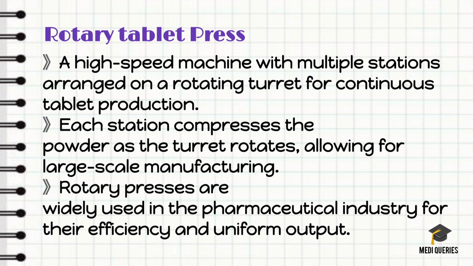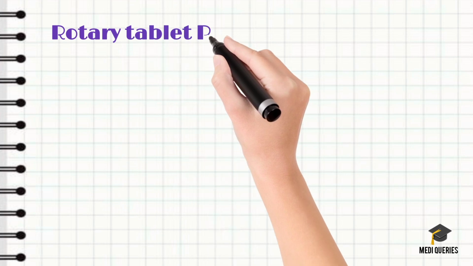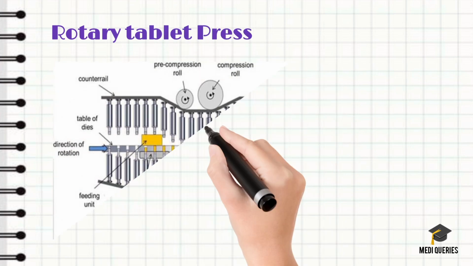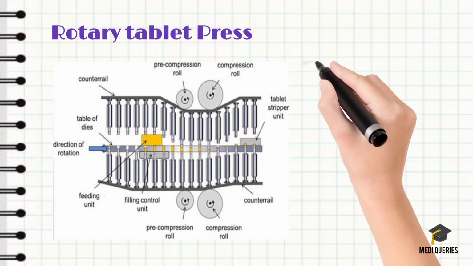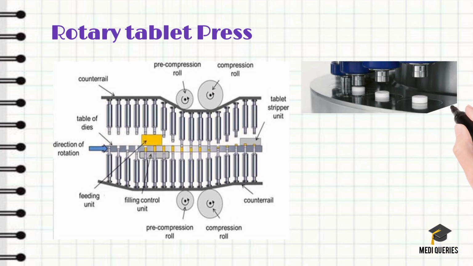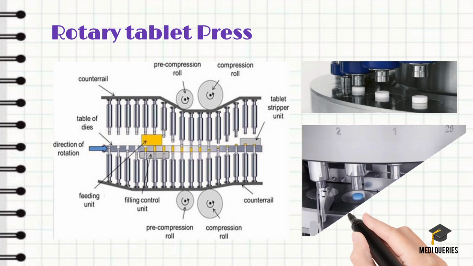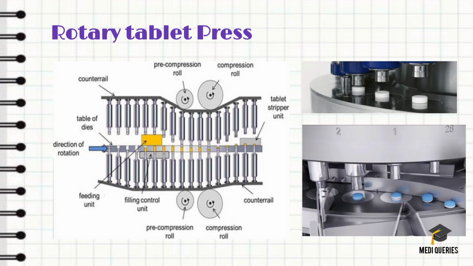As the turret spins, each station performs the steps of filling, compression, and ejection in a sequence. So underline this line: filling, compression, and ejection in a sequence. The rotary presses can produce thousands of tablets per minute with high uniformity here.